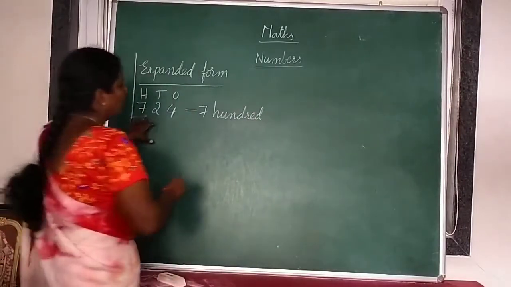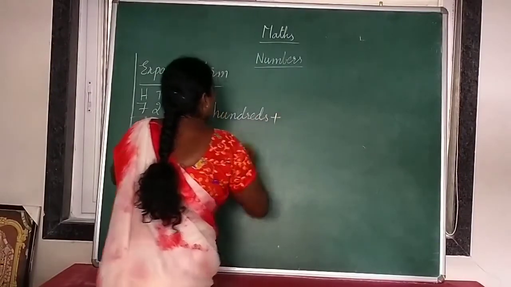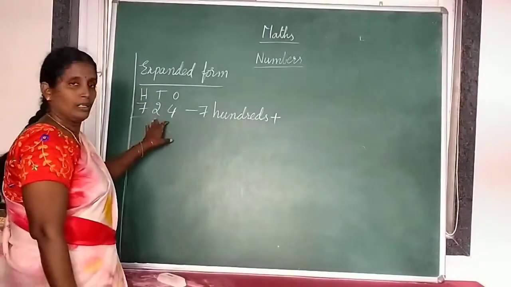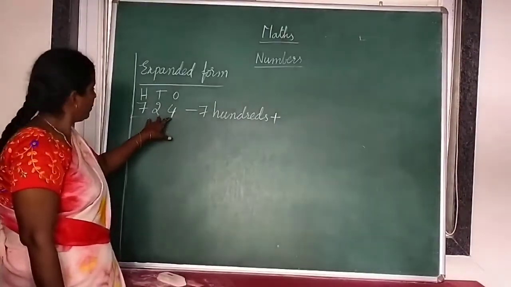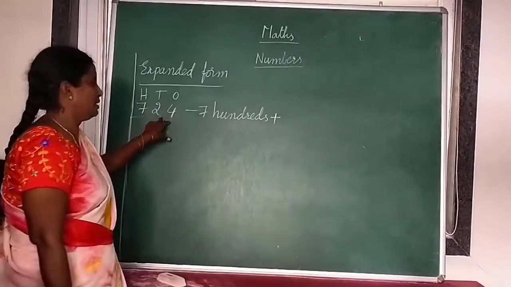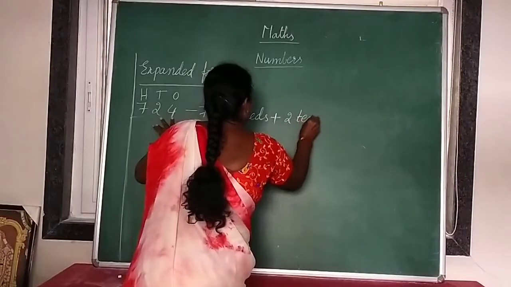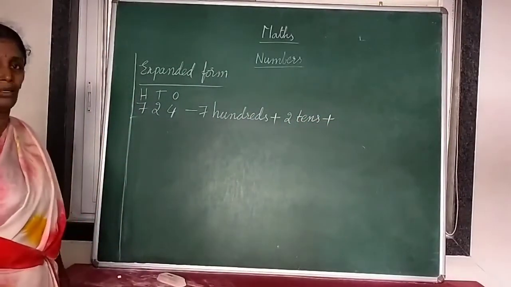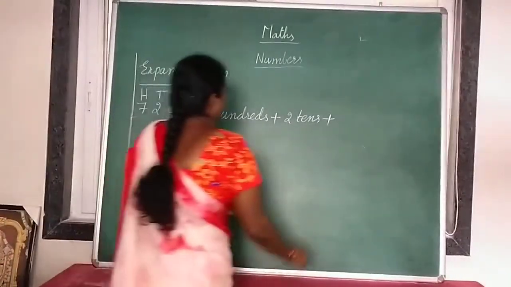700s, plus the next digit, 2. 2 is in which place? Tens place. So it is 2 tens, plus the next digit, 4. 4 is in which place? Ones place.